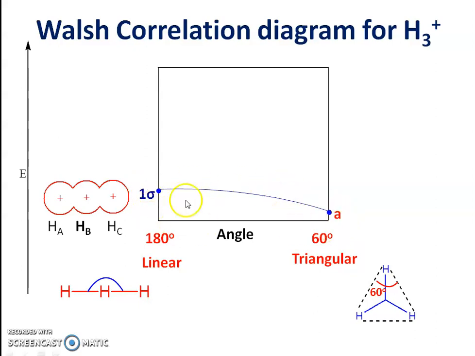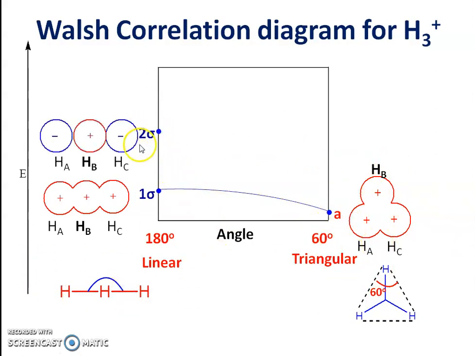There is a slight decrease in energy, which means this bonding molecular orbital is stabilized in triangular geometry. This is the shape after overlapping.